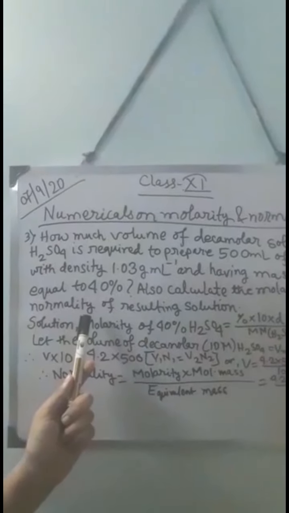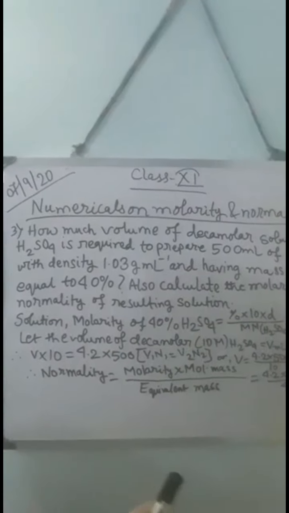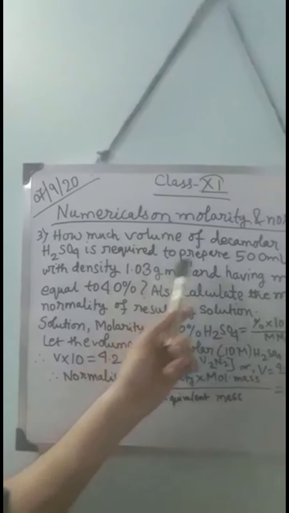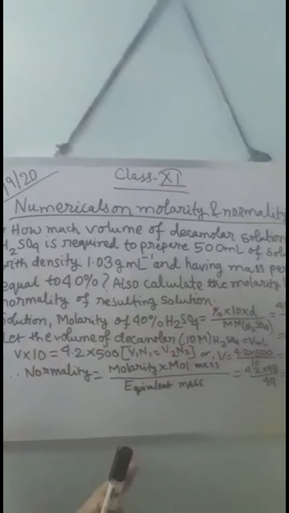Also calculate the molarity and normality of the resulting solution. So what are the things given here? Percentage by mass, density, volume. We have to calculate the molarity and normality of this solution.